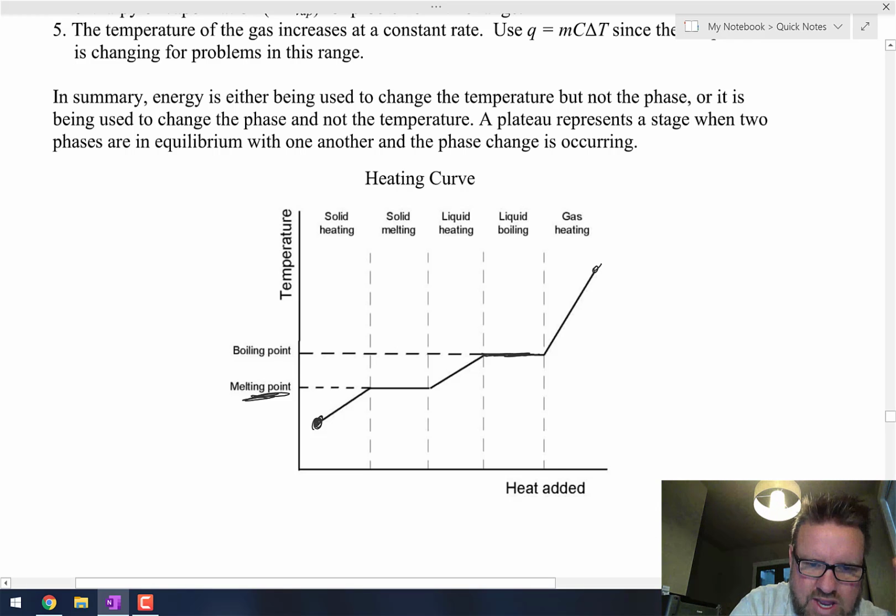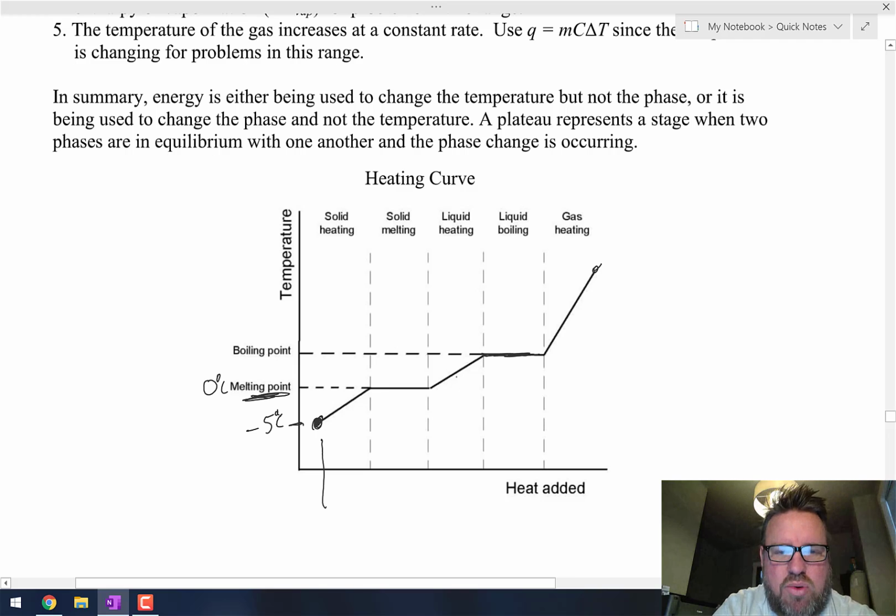So let's say we're taking some ice and we're going to heat it until all of the ice has melted. Let's say we're starting at, I don't know, -5 degrees Celsius, and the melting point or the freezing point of water is 0 degrees Celsius. Here's our heat added on the bottom.